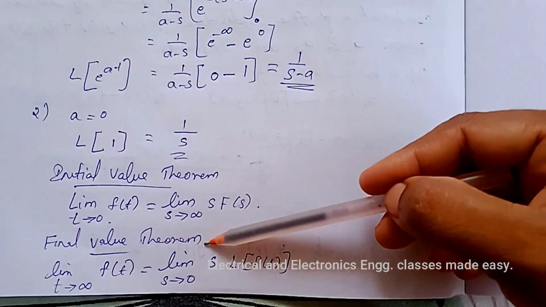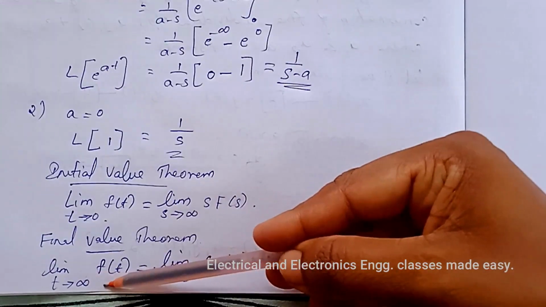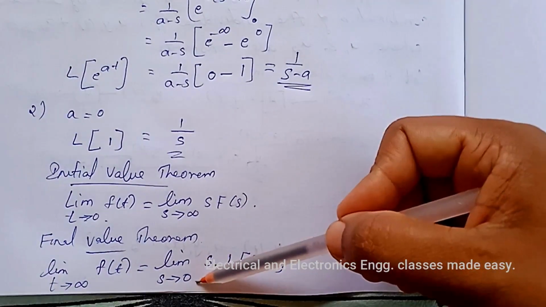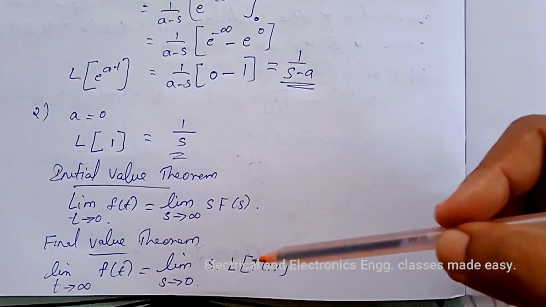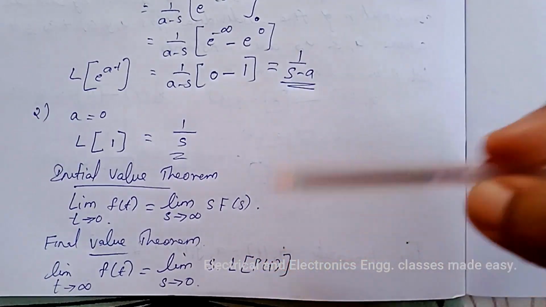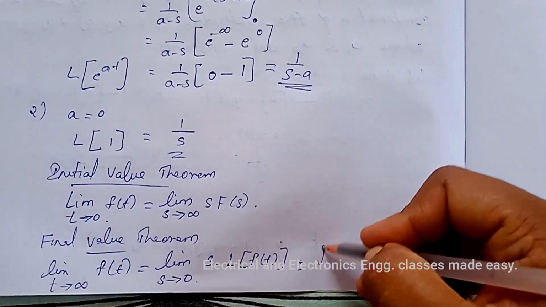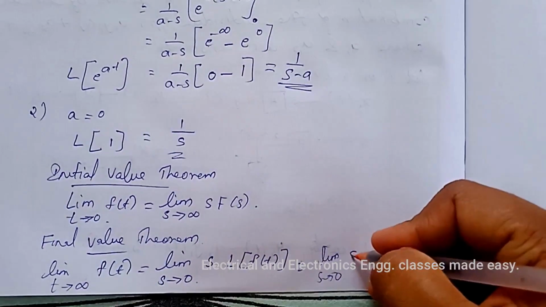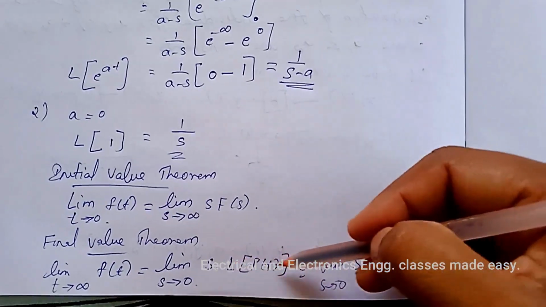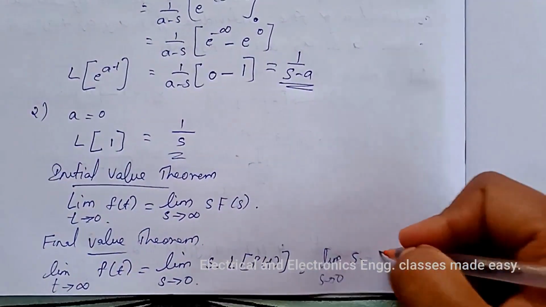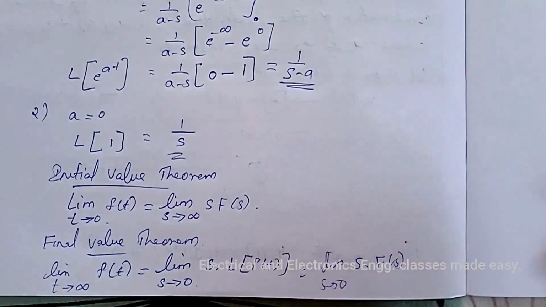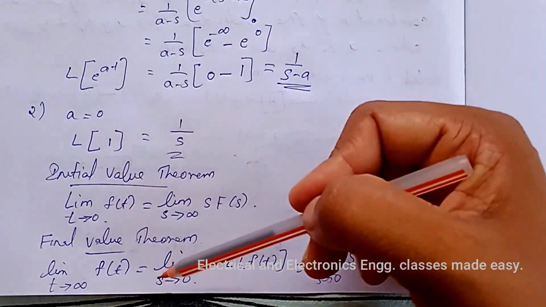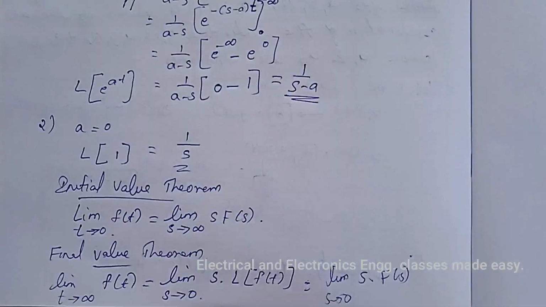And the final value theorem is: limit t tends to infinity of f of t is equal to limit s tends to 0 of s into the Laplace transform of f of t, that is s into F of s. So these are the initial value theorem and final value theorem.